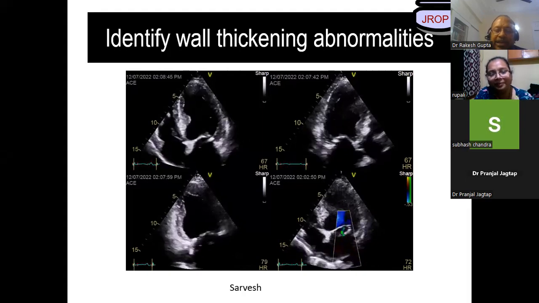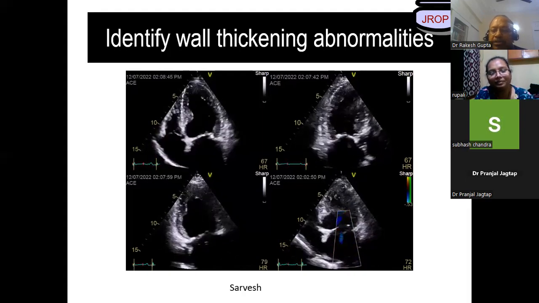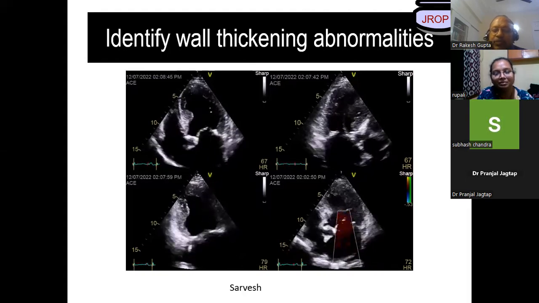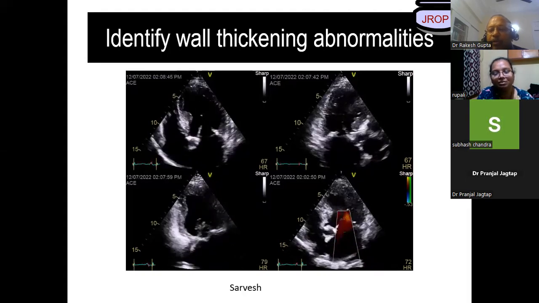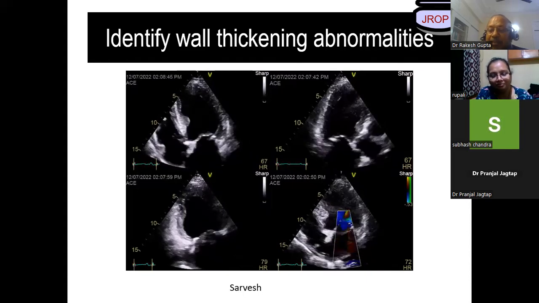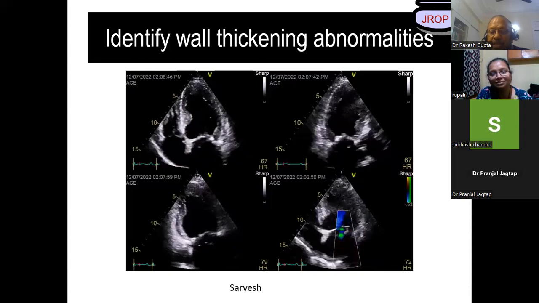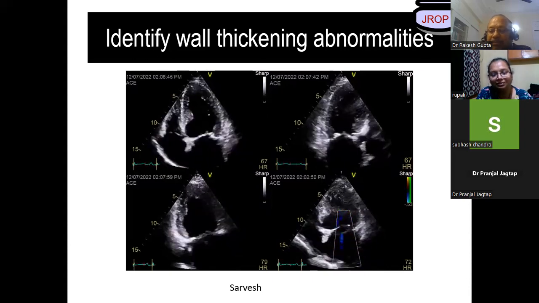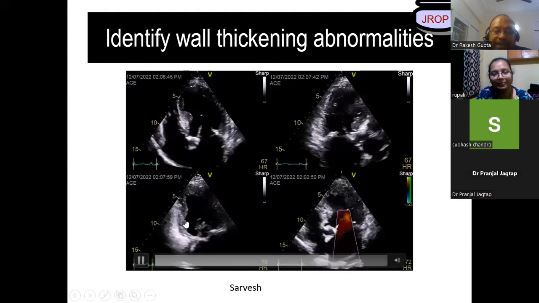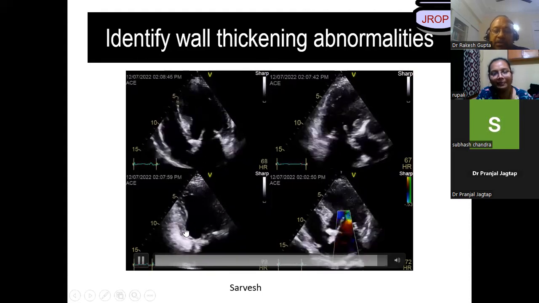Either it is hypokinetic, akinetic, dyskinetic, or aneurysmal. The words mild, moderate, severe are used when we are not sure by ourselves what we are telling somebody. If I'm saying severely hypokinetic, it means something different. If I say akinetic, it means something different. So this wall is hypokinetic, akinetic, dyskinetic, or aneurysmal. You have to say that.